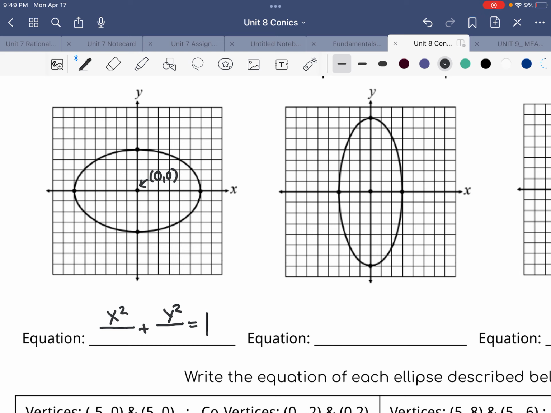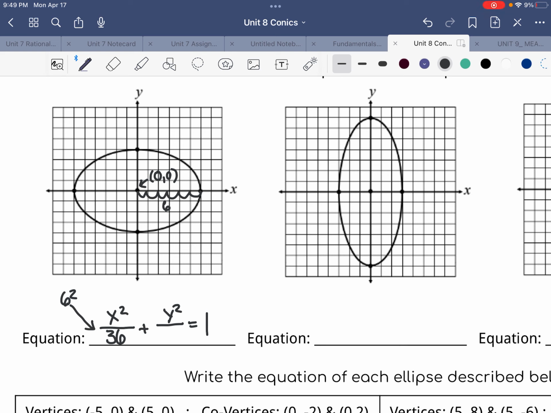Now, for the x part, you just count how far away the x axis is from the ends, which is 1, 2, 3, 4, 5, 6. That's 6. 6 squared is 36. Boom. Done.